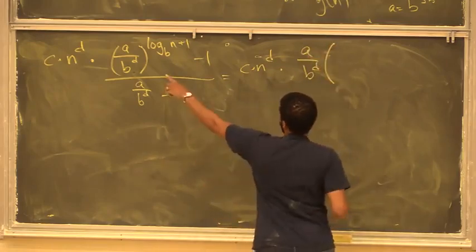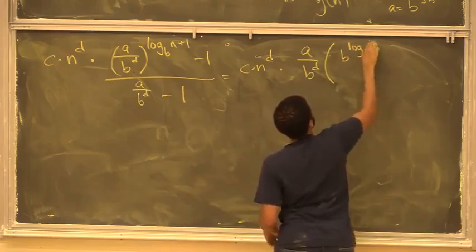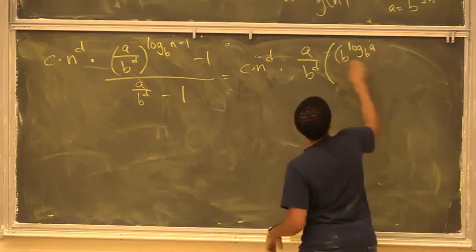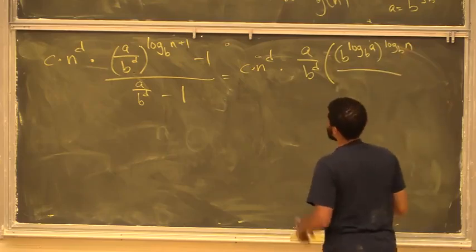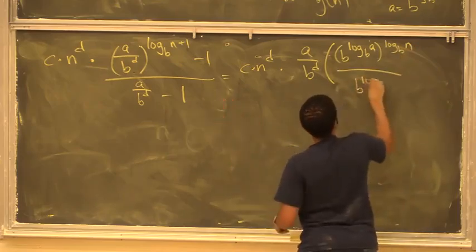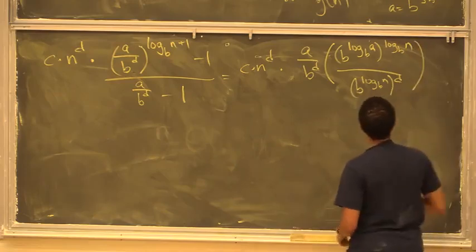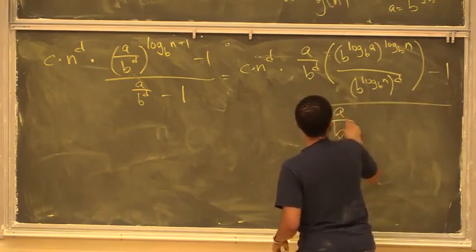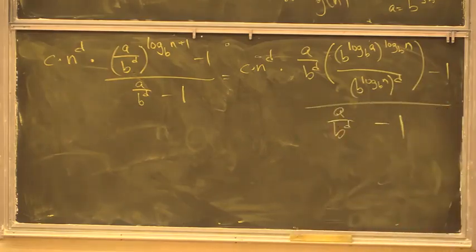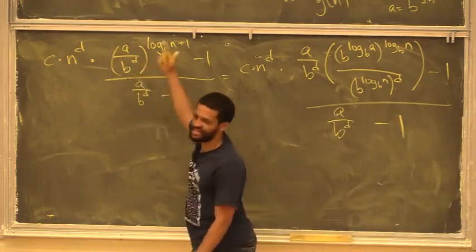And then a is b to the log base b of a raised to the log base b of n, over b to the log base b of n to the d, minus 1 over a over b to the d minus 1. Right here, b to the d to the log n is the same as b to the log n to the d.